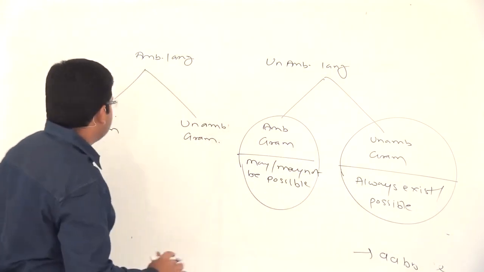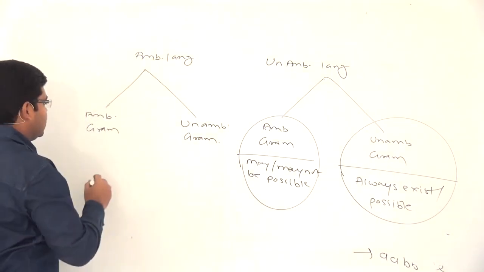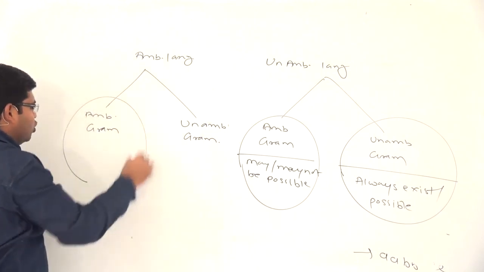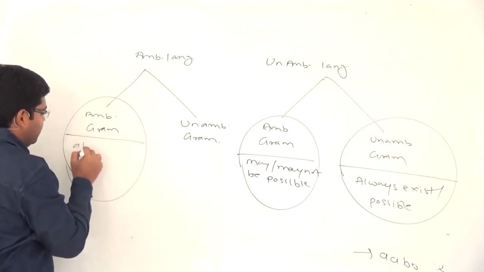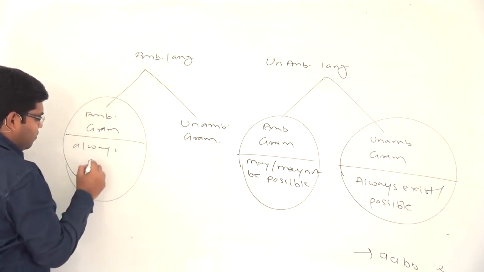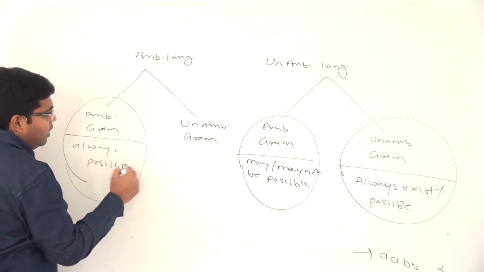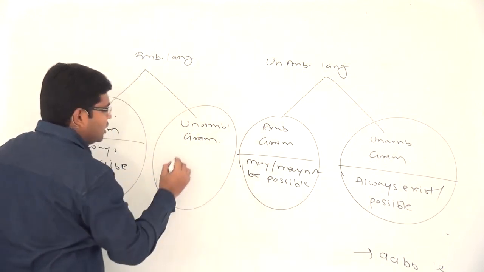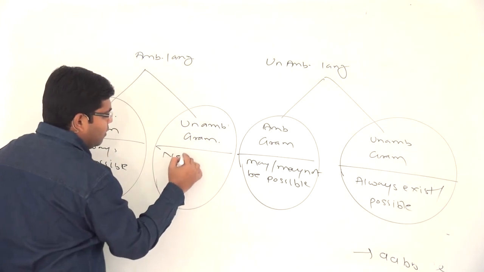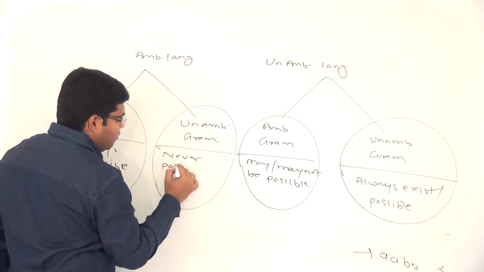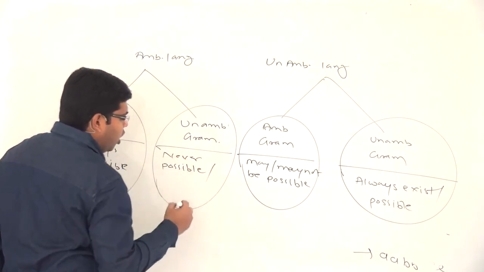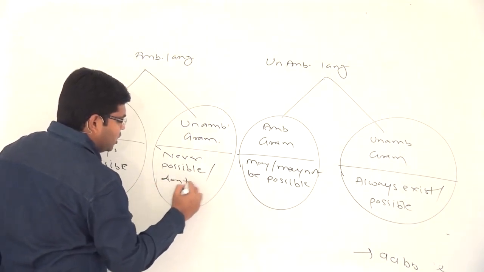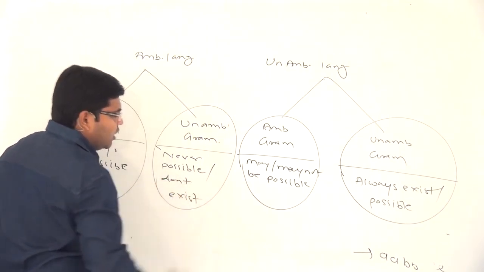But as far as ambiguous languages are concerned, ambiguous grammars are always possible and unambiguous grammars are never possible, or you can say unambiguous grammars don't exist.